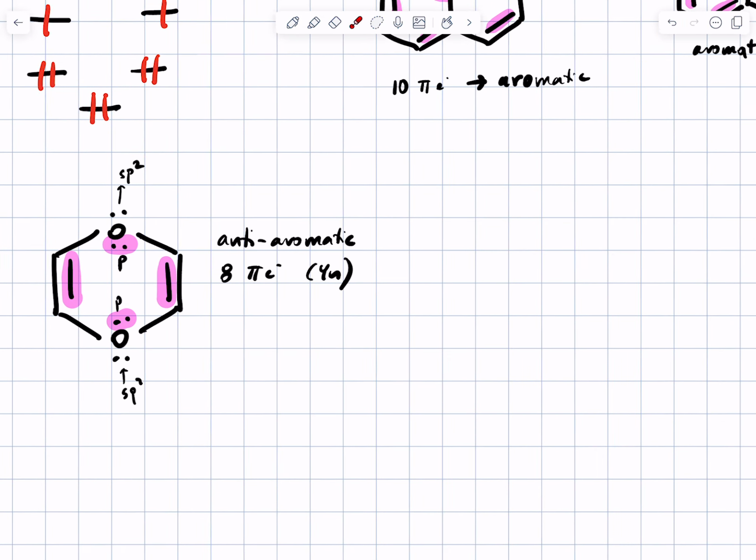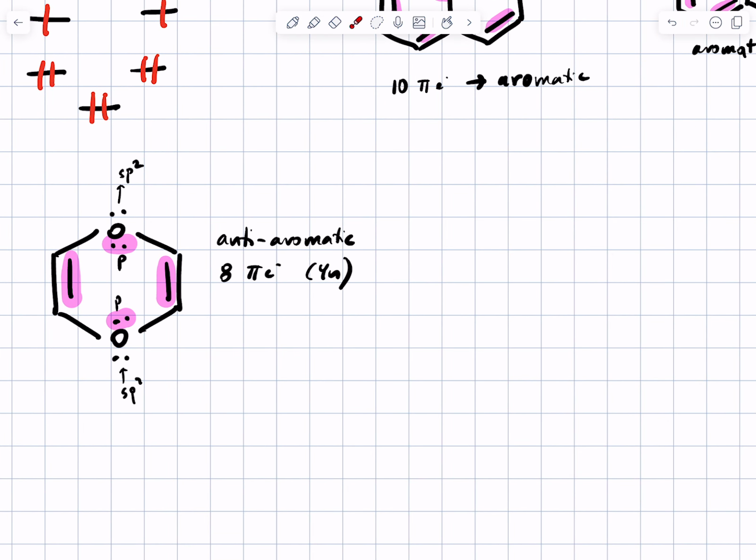Recall that for a molecule like this, the MO picture has 1 lower energy orbital than pairs of degenerate orbitals like this. If we have 8 pi electrons, I'm just adapting the orbitals for benzene because we have 1, 2, 3, 4, 5, 6 p orbitals on each of these atoms, which we're going to mix to make the 6 pi molecular orbitals.